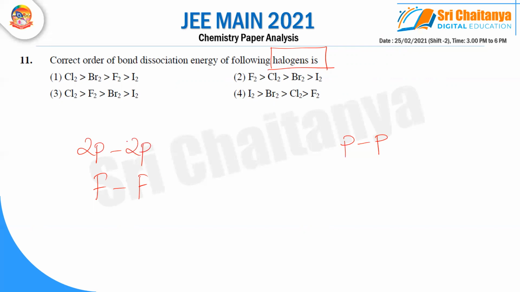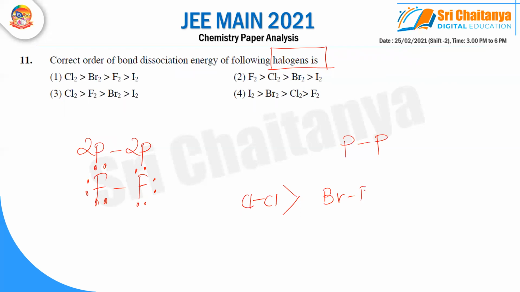But due to close proximity, there occurs a lot of inter-electronic repulsion, and as a result, the bond energy in case of F2 is significantly low. Now, if we compare among the others, the Cl-Cl bond energy should be the greatest.